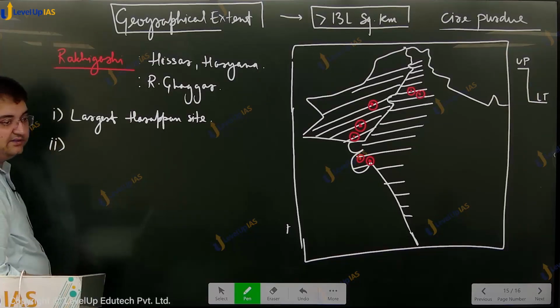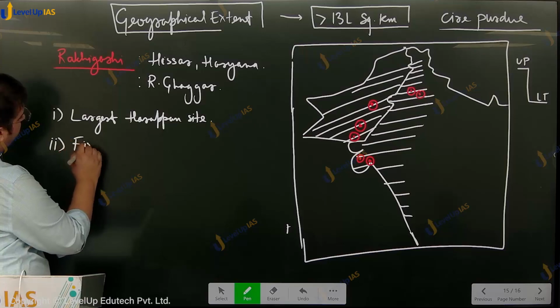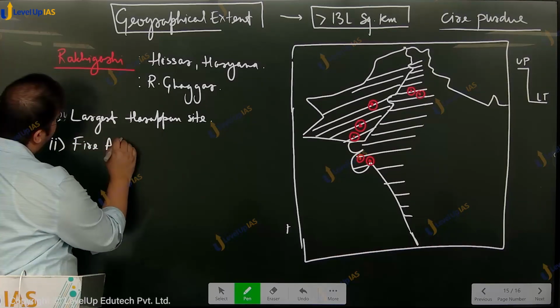और क्या मिला है यहाँ से? We find a large number of fire altars.